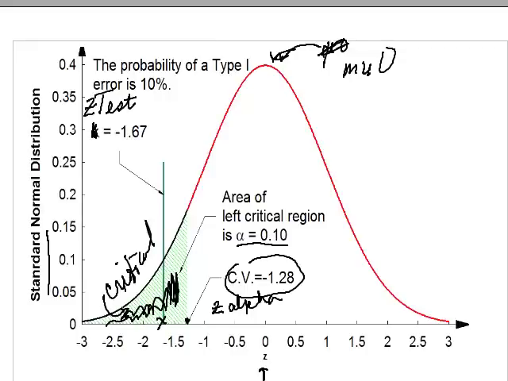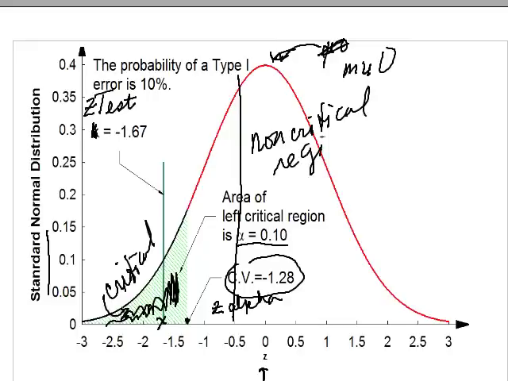If that z-value happened to be located out here, closer to the mean than the critical value is, then it's in the non-critical region, which isn't shaded in this picture, and the null hypothesis would not be rejected. You would be saying the new measurement is not statistically significant.